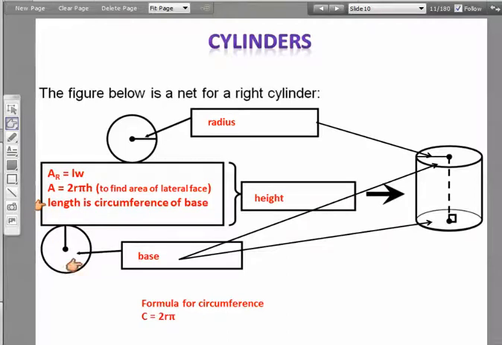So here is the formula for finding the circumference. It's 2 multiplied by the radius multiplied by pi. So I'm going to plug 2r pi in for length. So here is how I find the area of the lateral face, 2r pi h. And like I said, you're doing the same thing as length times width. We just kind of have to use a different formula for the length.